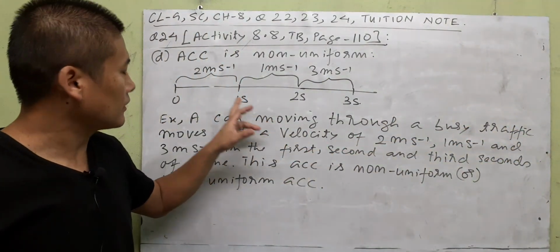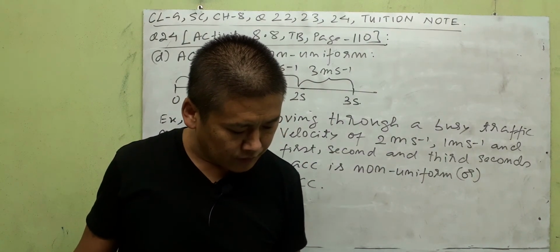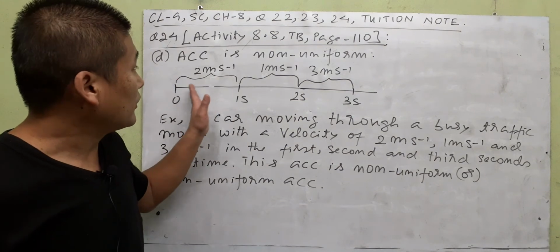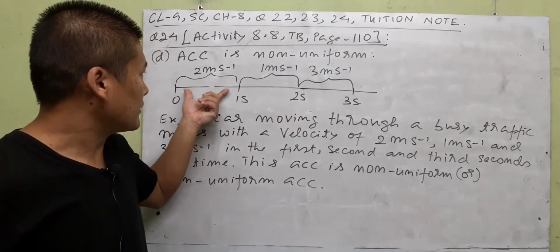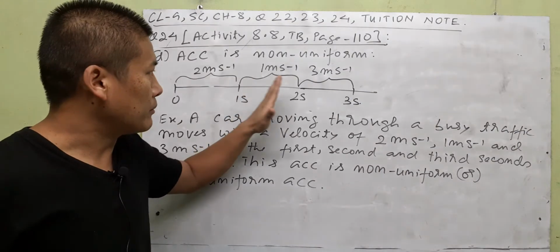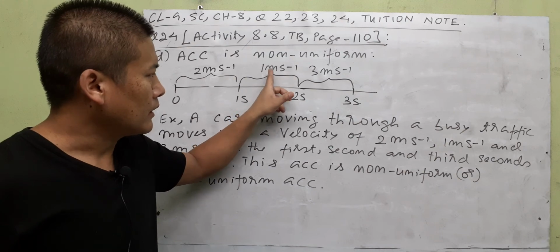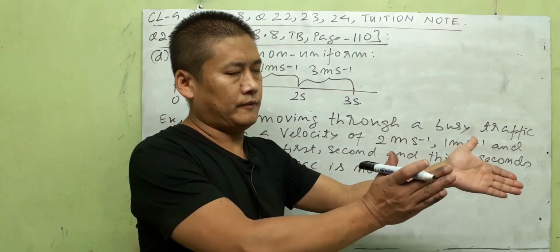Non-uniform acceleration is the last one, D. Here it is the picture of a car moving through a busy traffic. First second it is moving 2 meters per second. Then suddenly the street is crowded, so it applied brake and slowed down to 1 meter per second. Then in the next second the road was more clear, so it increased the velocity.